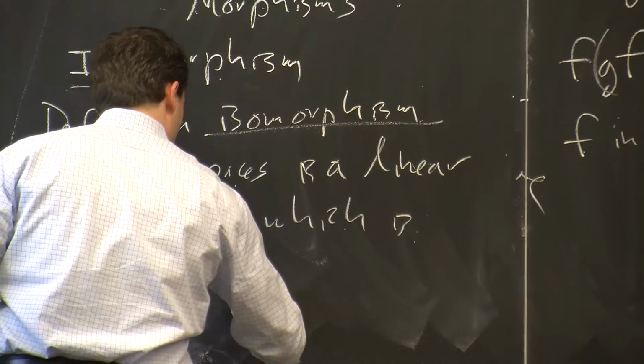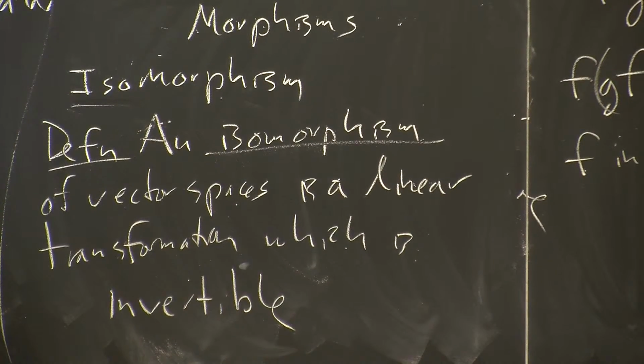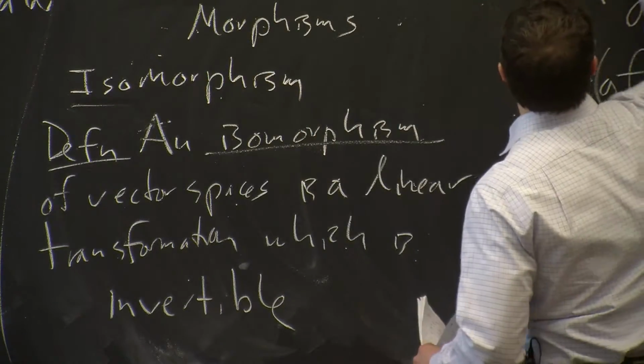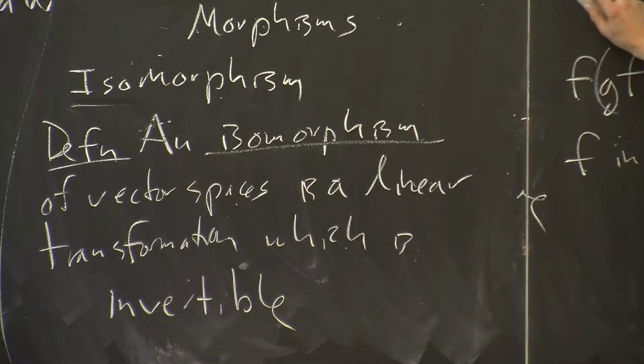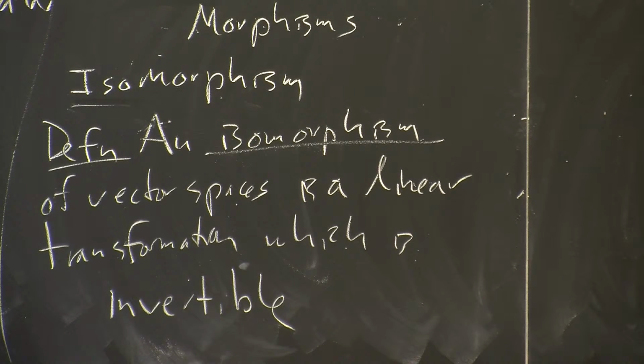So we defined that a moment ago. Okay. So in particular, it's surjective and injective. Equivalently, it's surjective and injective. And you should think about an isomorphism as a linear transformation which in some sense makes two vector spaces the same, or tells you how to identify one with the other.